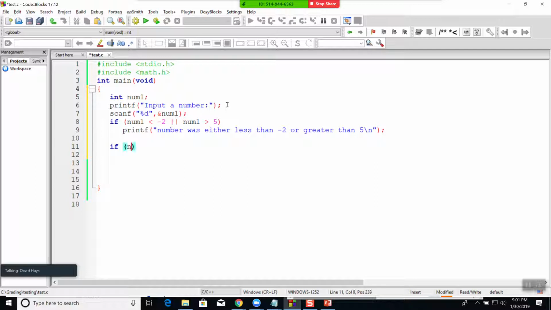If num1 is greater than -2 and num1 is less than 5, printf, the number was between -2 and 5.